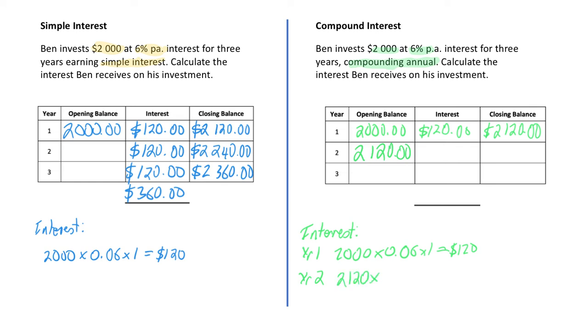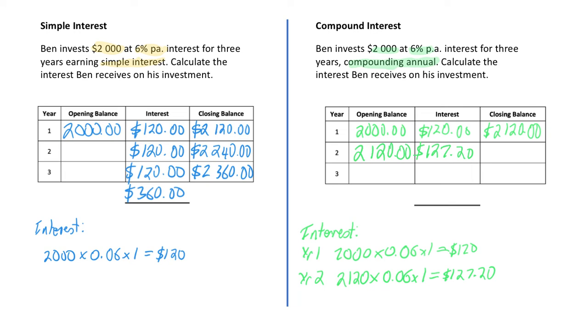So $2,120 times 0.06 times 1, and that's going to equal $127.20. So we can see that the interest amount for year 2 has actually gone up to $127.20. Now that extra money is because we have a higher principal, and we have the higher principal because we've added our year 1 worth of interest into our principal calculation.